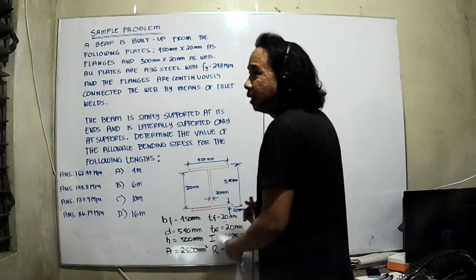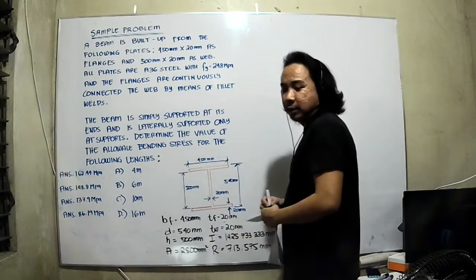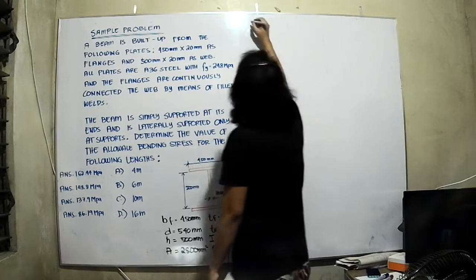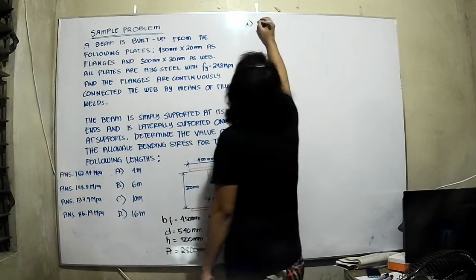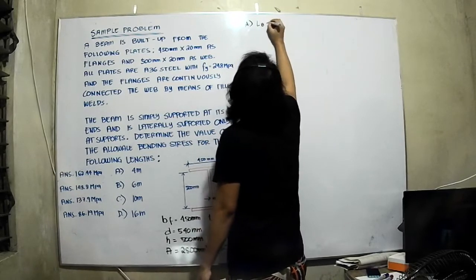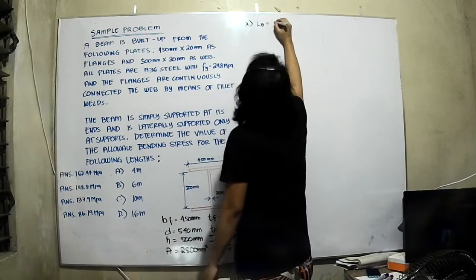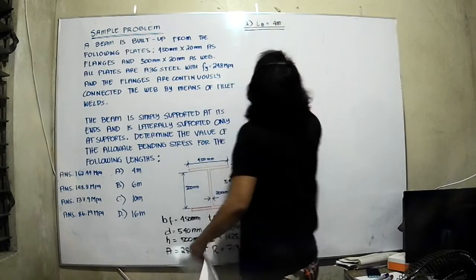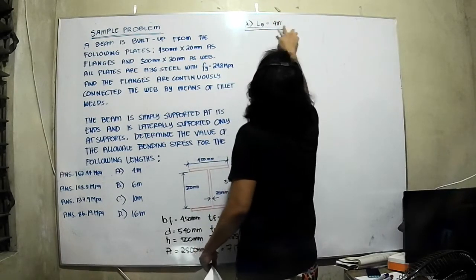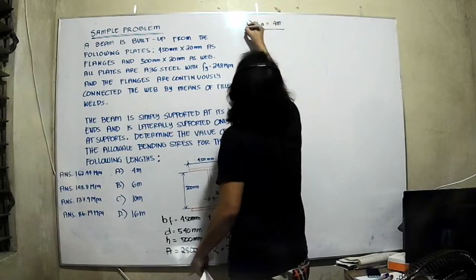So effectively, our brace length would be equal to the straight length of the beam. So therefore, I can say that LB is equal to 4 meters. Okay? So, to compute, what is our LC?